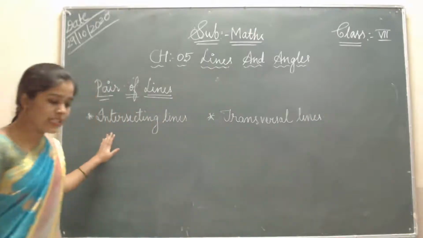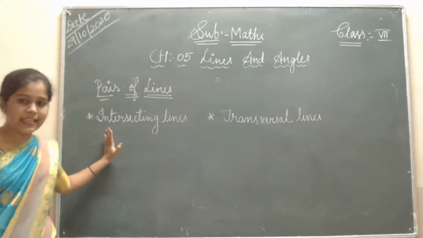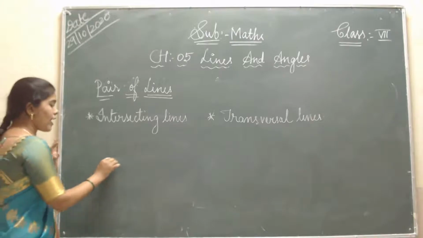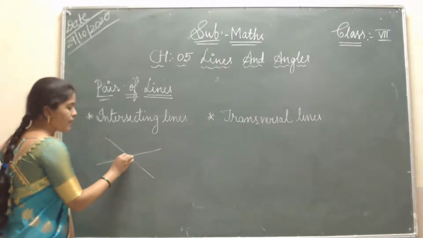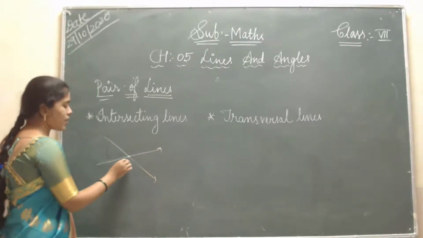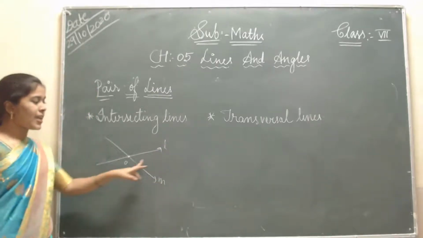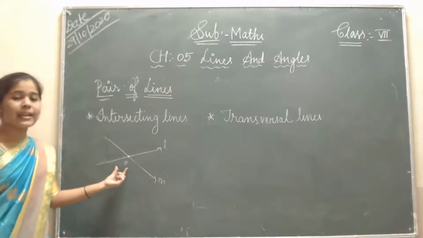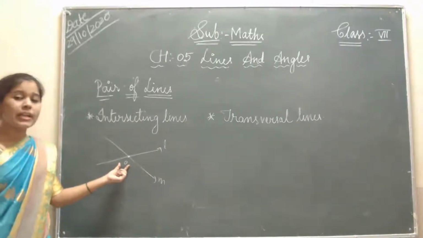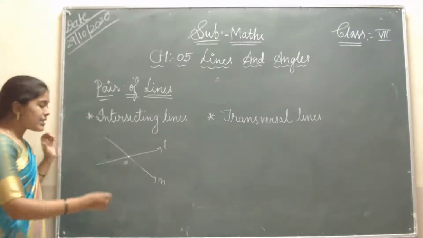See here, first, what is an intersecting line? We know that intersecting lines are two lines that meet at a point, the same common point. See here, line L and line M meet at a point O, that is nothing but intersecting lines.